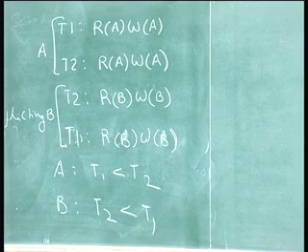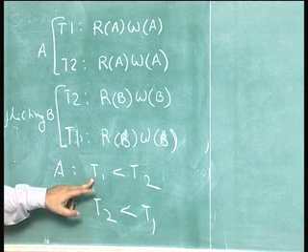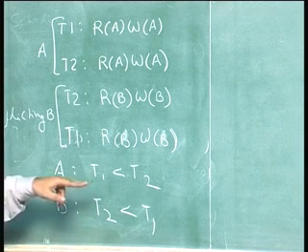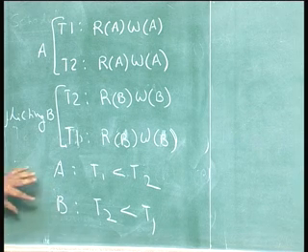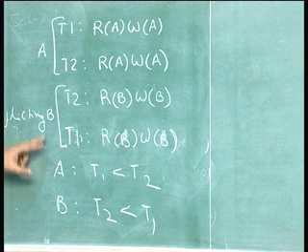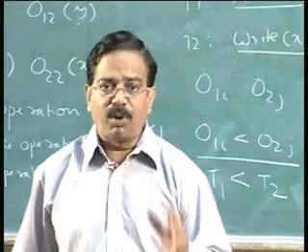From this it is not possible for us to say whether T1 has finished before T2 or T2 has finished before T1. Since we can't decipher which one is finishing before the other, this schedule is a non-serializable schedule, and this is what should be avoided.